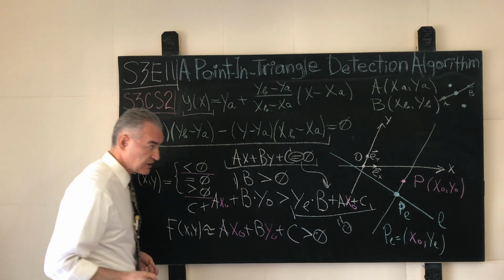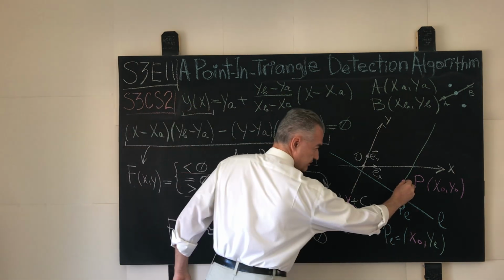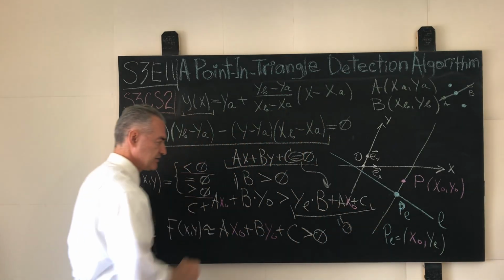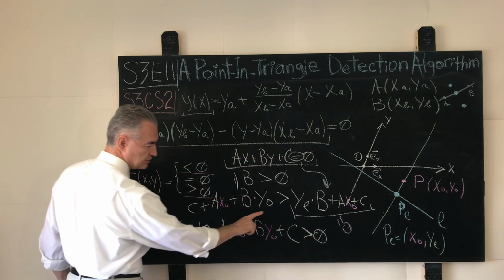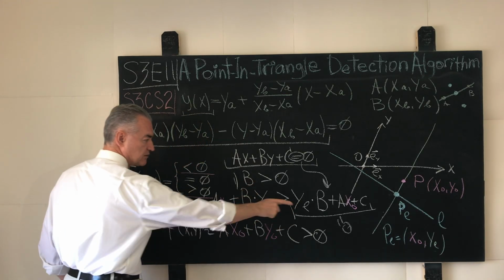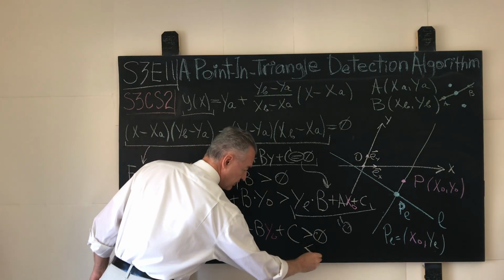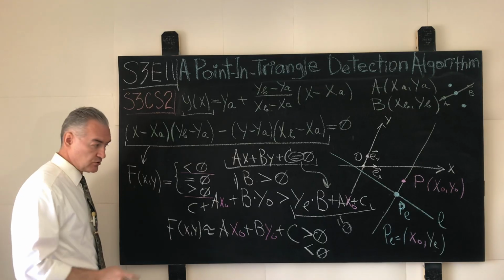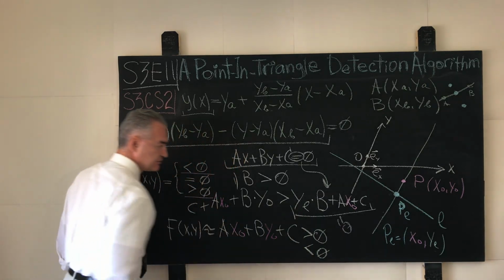Now, as an informal exercise, I suggest that you move this point to the other side and run a similar analysis and see what will happen when y0 is less than yl. B is greater than 0, multiply, what will you have? In the end, exactly, you will have less than 0. You will not get 0. You will have a number that is less than 0.